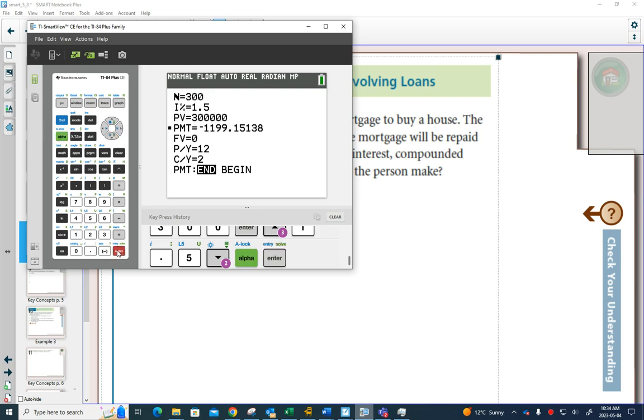Look at the difference. Instead of paying $1.3 million, you paid $350,000. You only paid $59,000 worth of interest, as opposed to $1 million worth of interest. Huge difference.